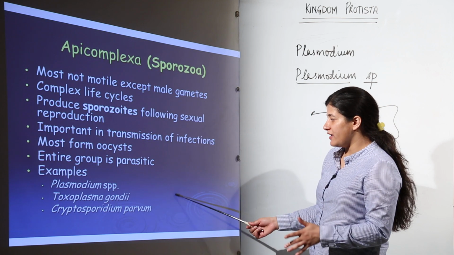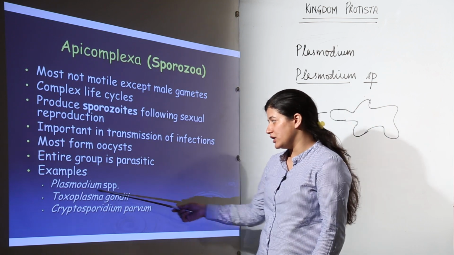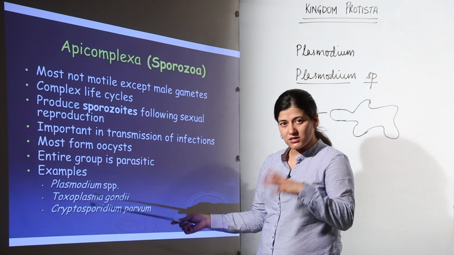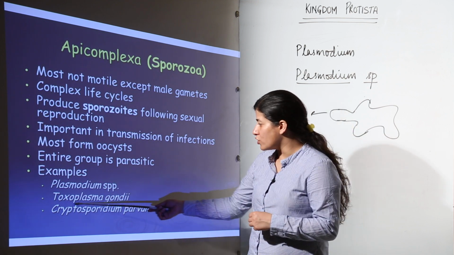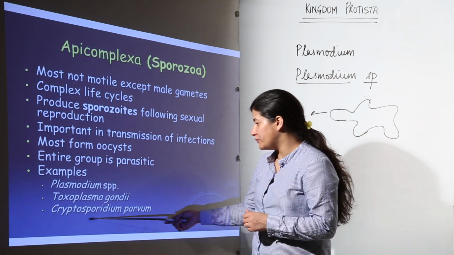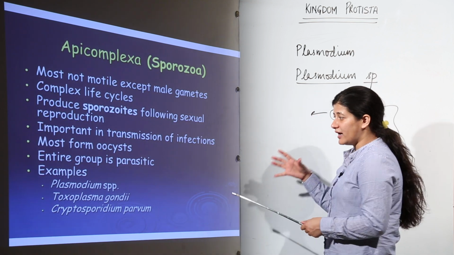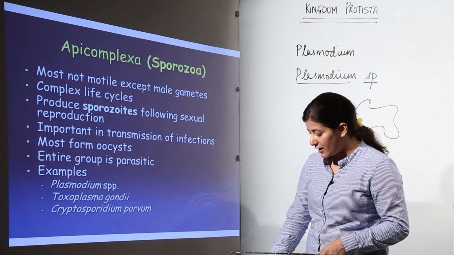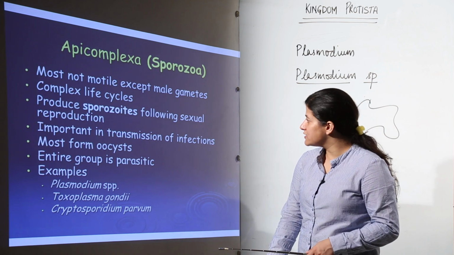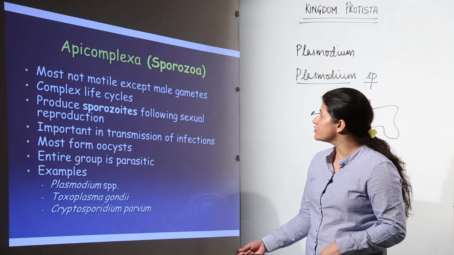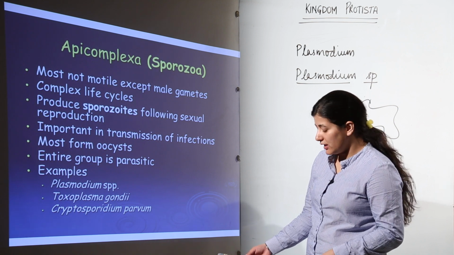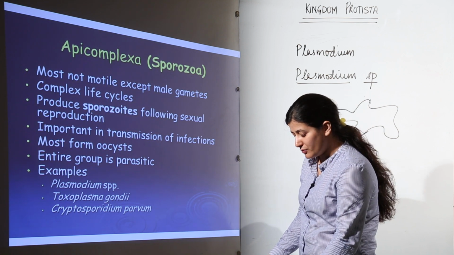And the examples that we have over here are Plasmodium, then Toxoplasma, and then Cryptosporidium. Here spp. refers to any species, it could be any one. These are the three examples if you can learn them, but do keep in mind that Plasmodium has to be learned by heart. So this is all about sporozoans, and with this we come to the end of Kingdom Protista.